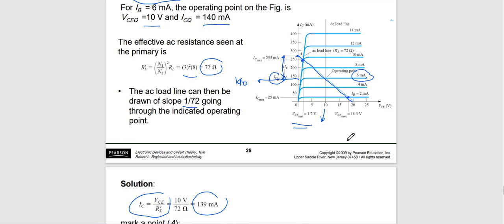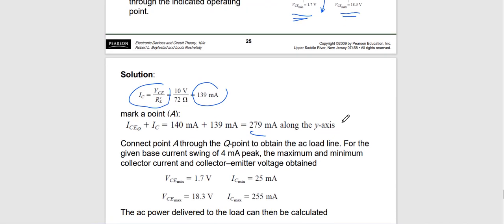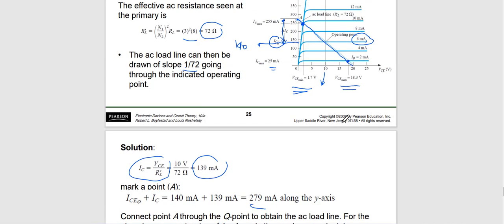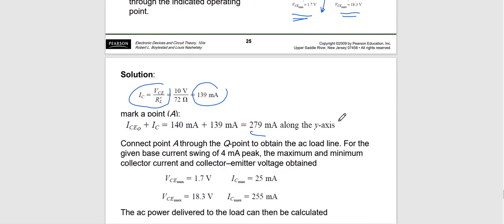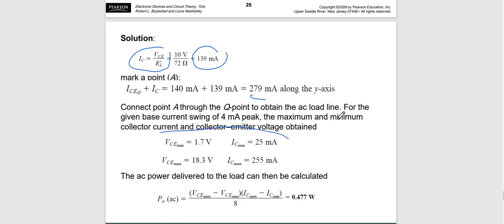The load line with the IV characteristic has the cross section here, and also with the minimum base current over there. So we can get VCE max is 18.3 and VCE min is 1.7 volt, and also the IC min is 25 milliampere, and IC max, the cross section here, is 255 milliampere.